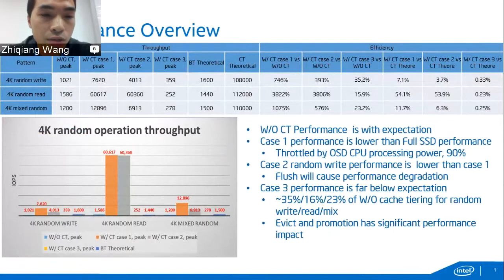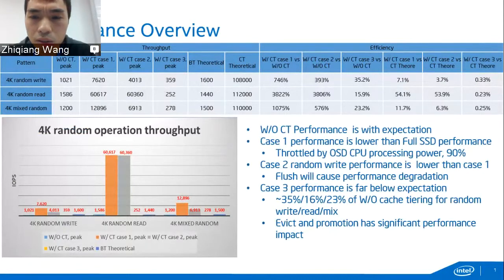And as you can see from the result, the case 1 result and the case 2 result are good compared with the without cache tiering result, especially for the read. But in case 3, where we have promotions, flush and evictions, the result is very poor.